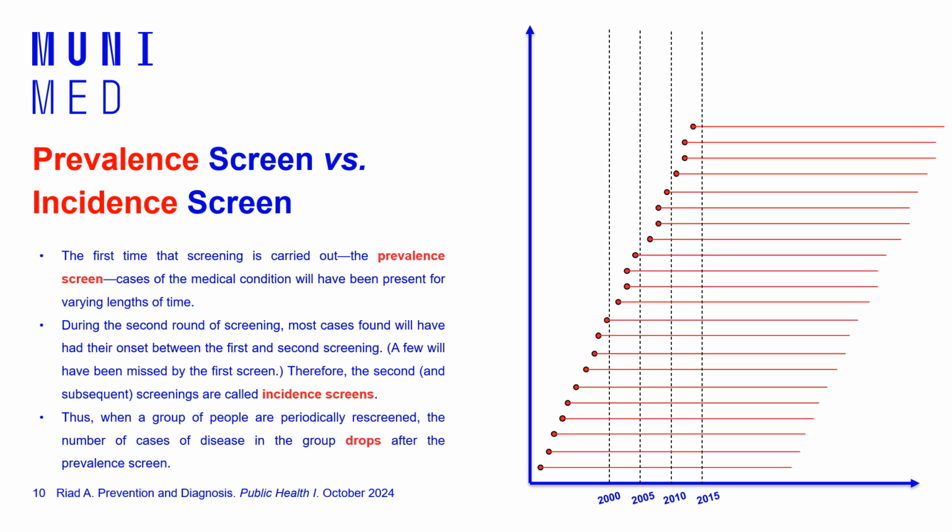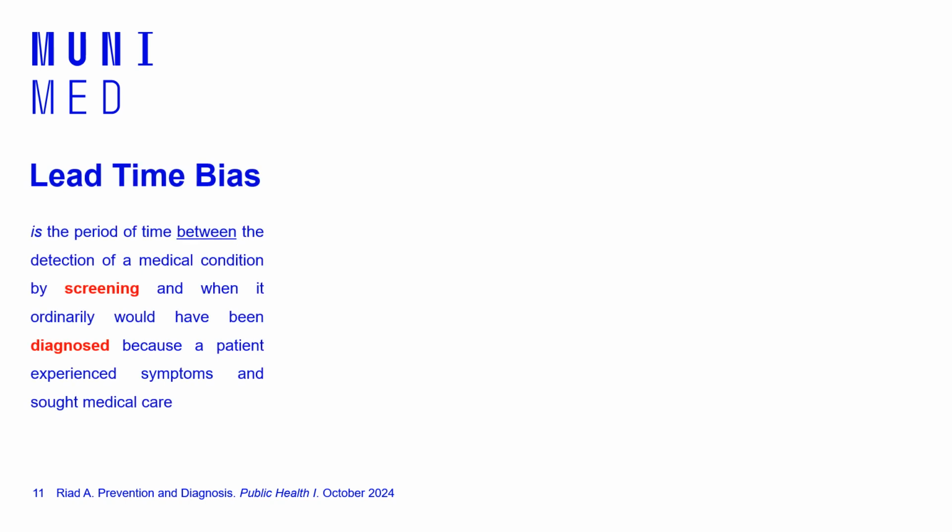So this is the difference between the prevalence screen, the first one of 2000, and the incidence screens of 2005, 2010, and 2015.